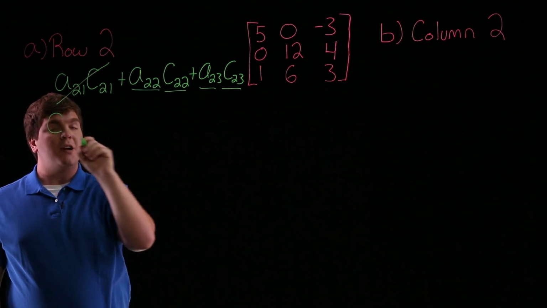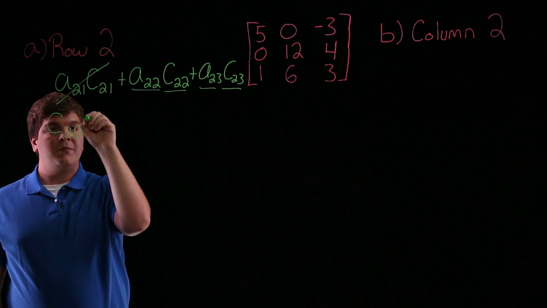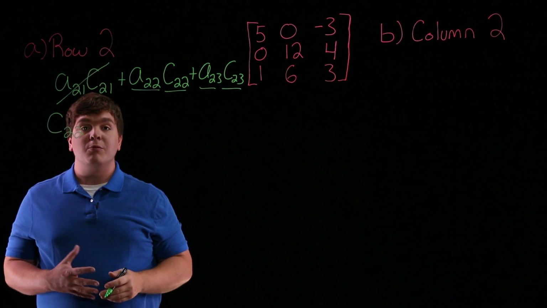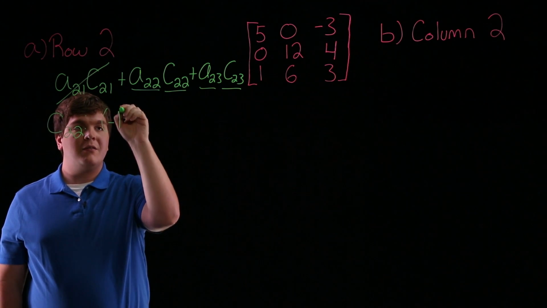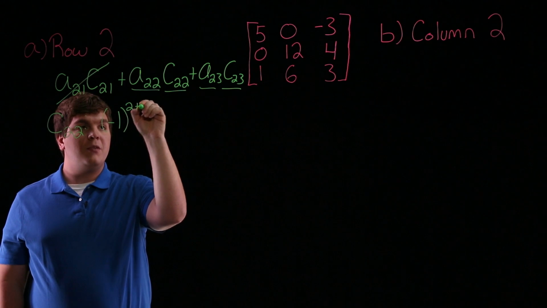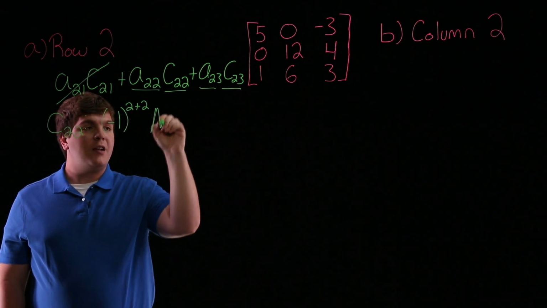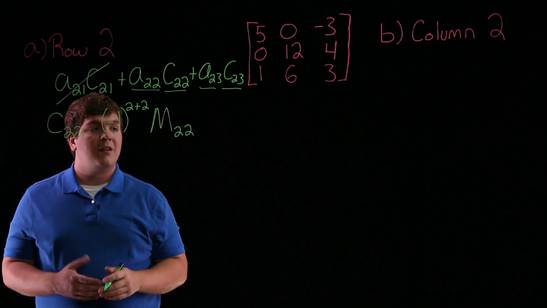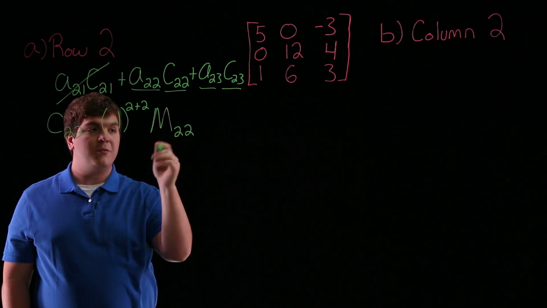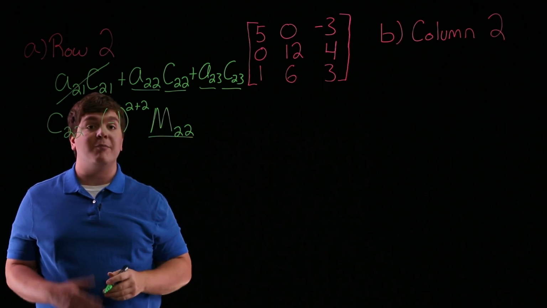So let's begin by trying to find C22. So C22 is going to be -1 to the 2 plus 2 times the minor M22. So now, in order to find C22, we first have to find M22.